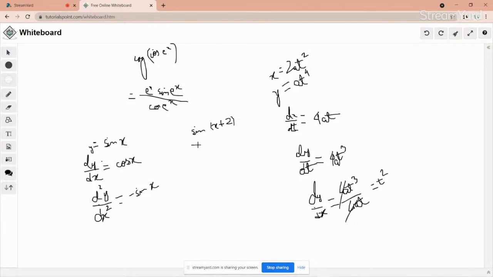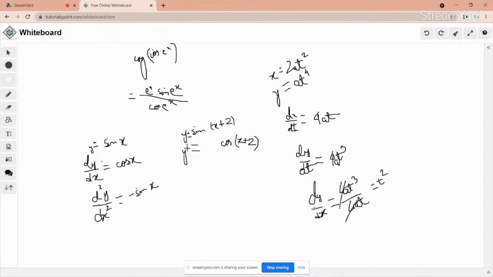Okay, so if we do it like this, sine of x plus 2, as we have learned using the chain rule, it will be cos of x plus 2, and differentiating on the inner side, we get 1 plus 0, so obviously nothing will be there, and this will be the answer for one time differentiating.